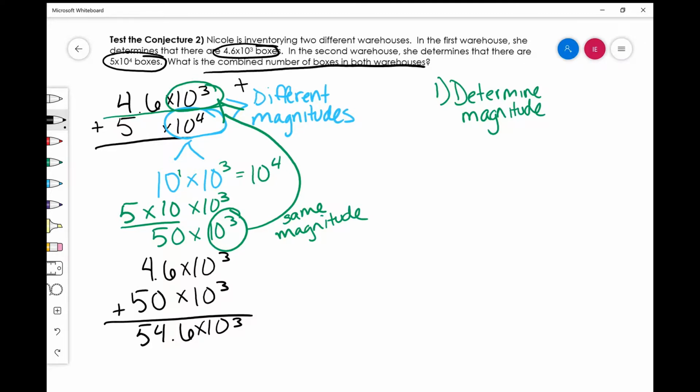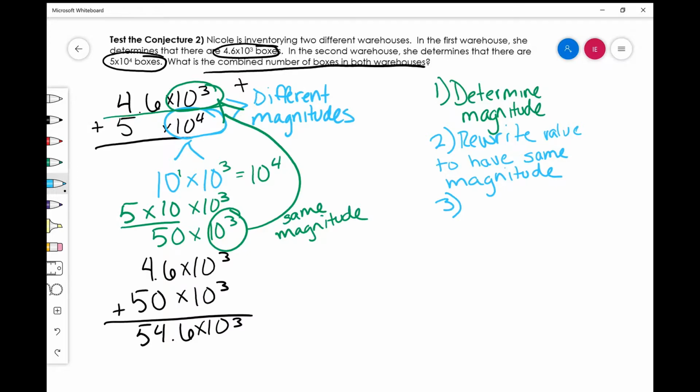Let's go back and look at the steps that we just did. Once we determined my magnitude, we needed to change and rewrite a value so that both numbers have the same magnitude. Now that we have the same magnitude, we can go ahead and add our multipliers.